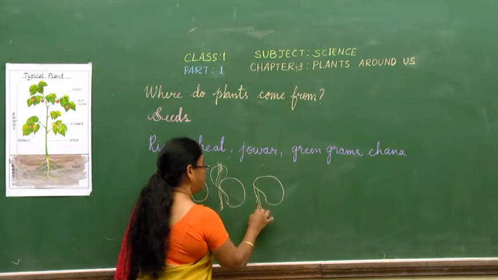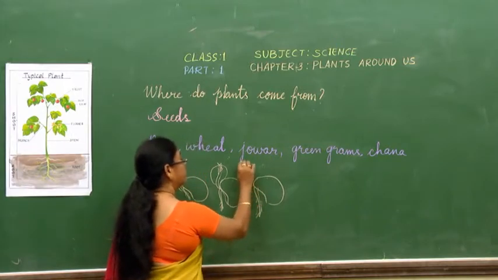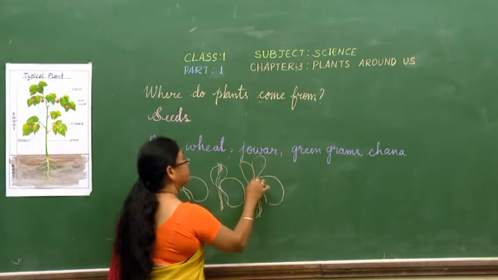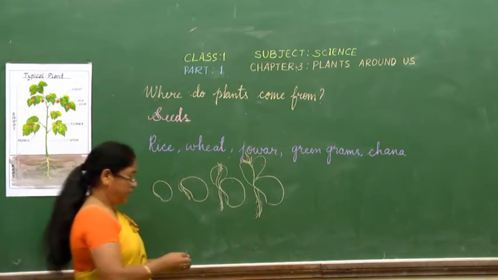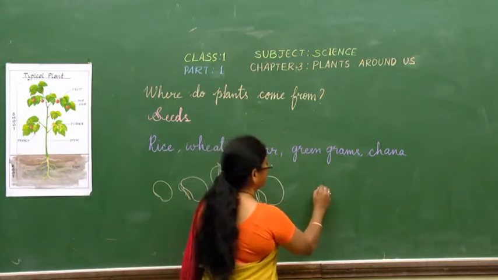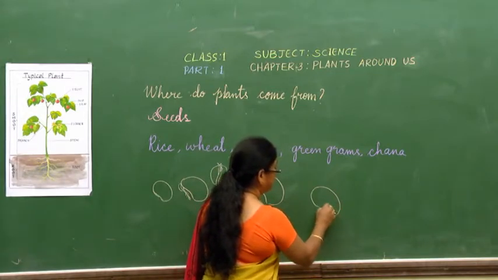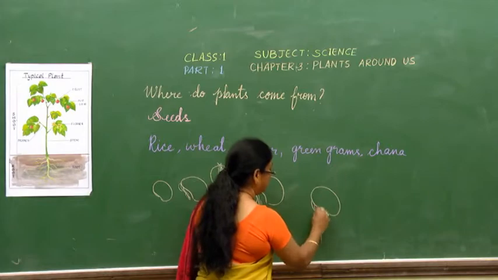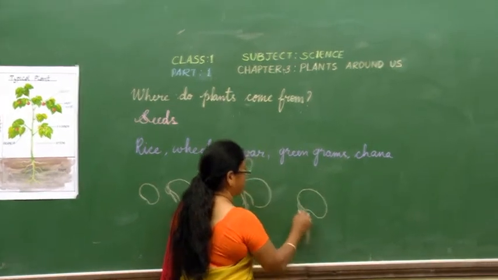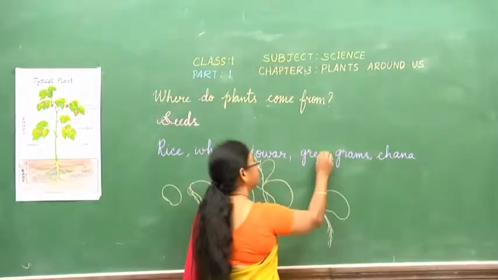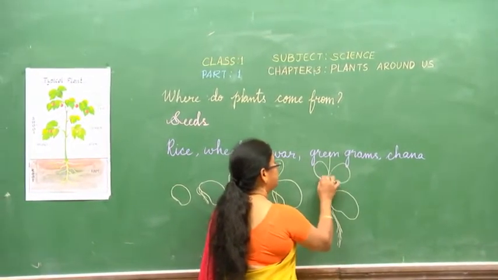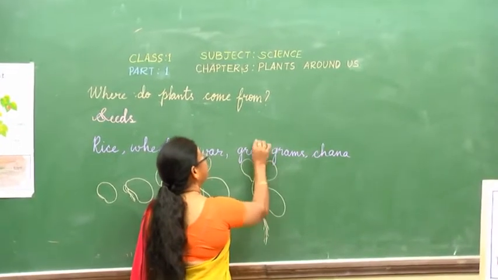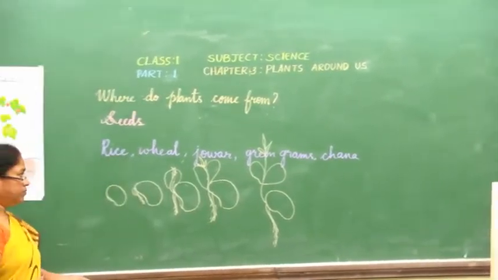This is how a new plant grows from a seed. This is the root, and the two portions of the seed open up, and a new plant will grow from it.